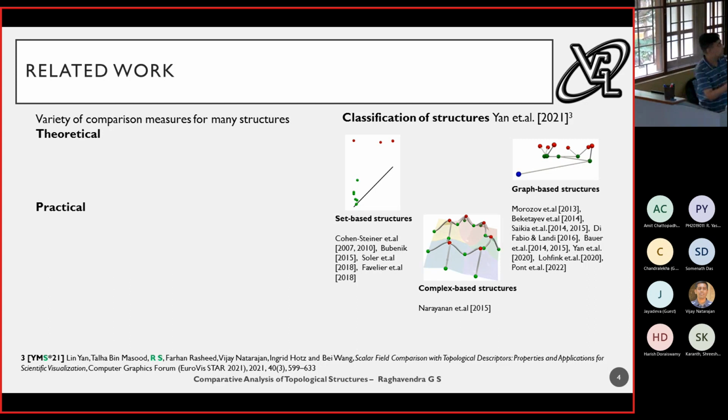We can also see this work in terms of a different lens, where we see whether the comparison measure is more oriented towards theoretical properties or how it works in practice. In terms of theoretical properties, people always look for properties like whether the comparison measure is a metric, whether it's stable, whether it's discriminative enough, and so on.